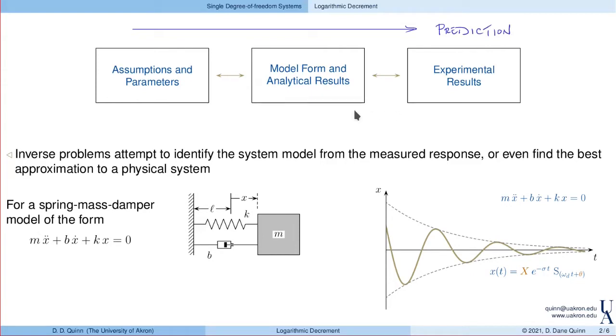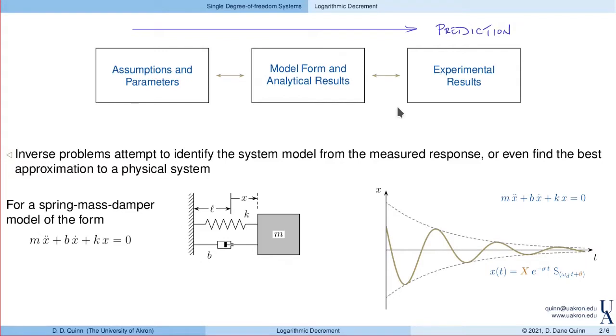However, we could do this in reverse. And the idea is to ask the question, what's the best model that fits experimental results? What are the best physical parameters to use? Essentially, all those things that we usually start off with, can we obtain those?